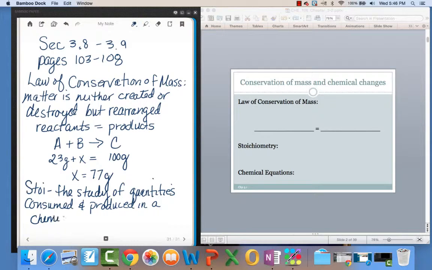And for those of you that didn't have me last year, I abbreviate reaction RXN. So now we're going to study the amount of AB used and the amount of C produced. That's basically what stoichiometry is in a nutshell. And what are chemical equations? Well, simply, they're used to represent chemical reactions.